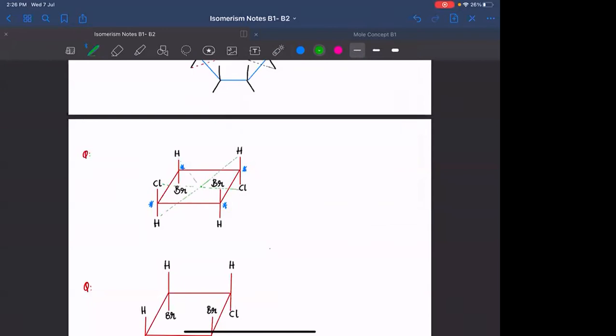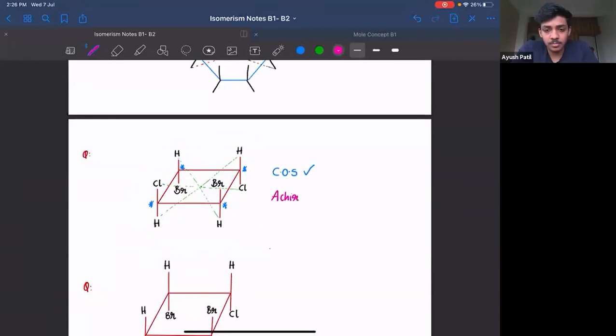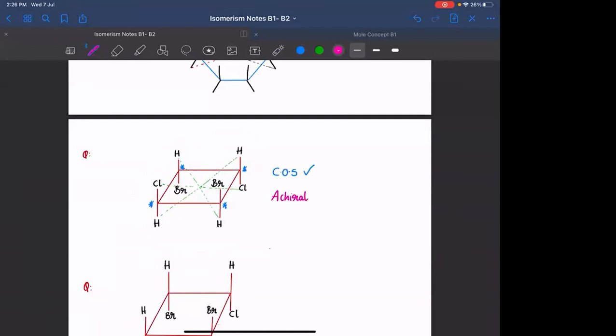You have bromine, here also bromine. About the diagonally opposite ends, you are having the same groups. Hence, this particular compound is said to have which type of symmetry? It is having center of symmetry. Understood? Hence this particular molecule will be achiral. I hope it is clear what is meant by center of symmetry.